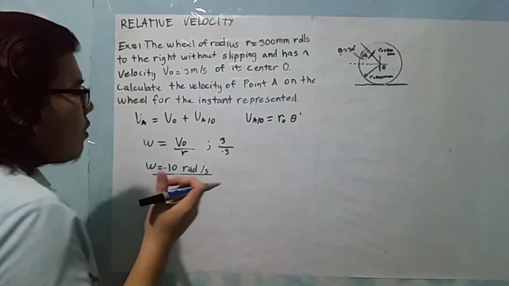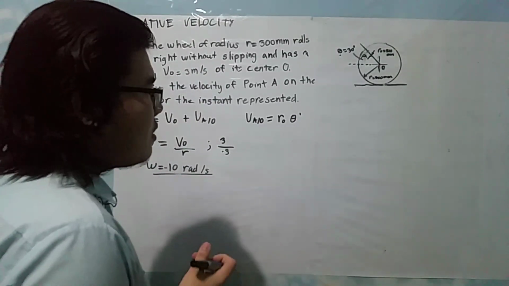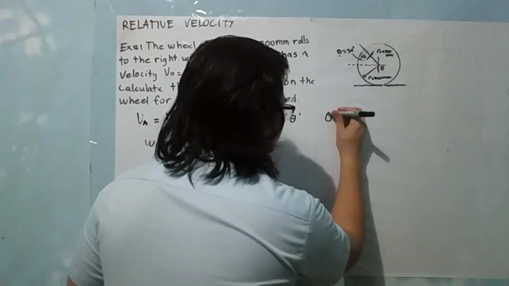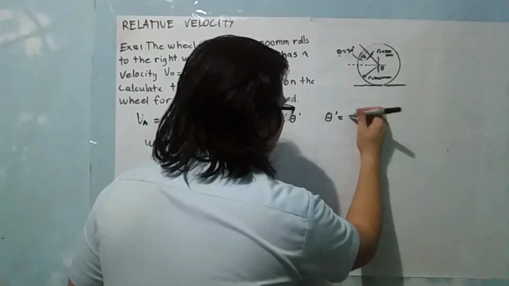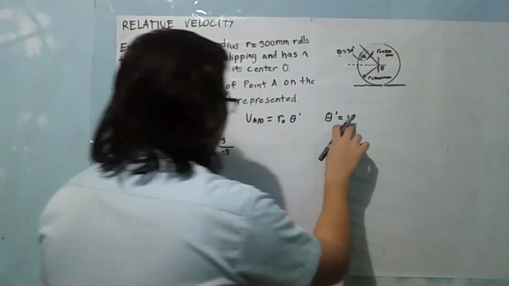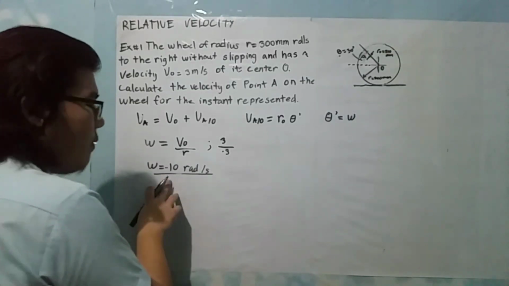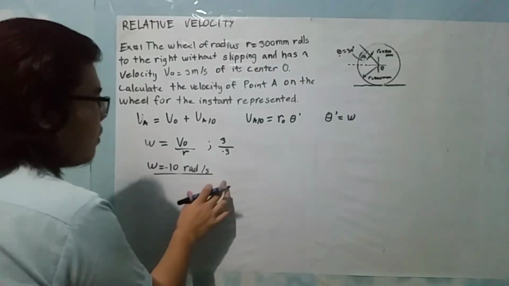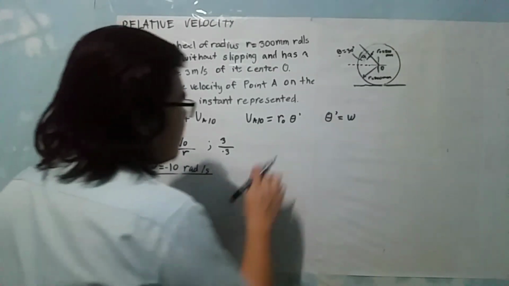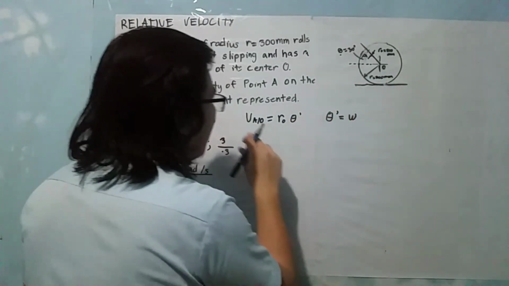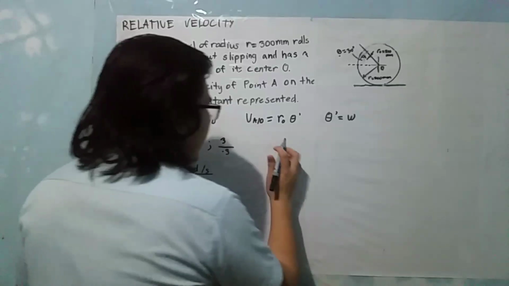From the previous lessons and examples that I have explained earlier, theta prime is equal to the angular velocity, omega. Since we have the value of omega obtained earlier, and we have a value of r sub o, we can just substitute and solve for the value of v of a and o.